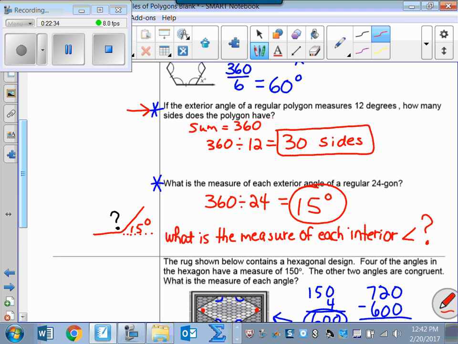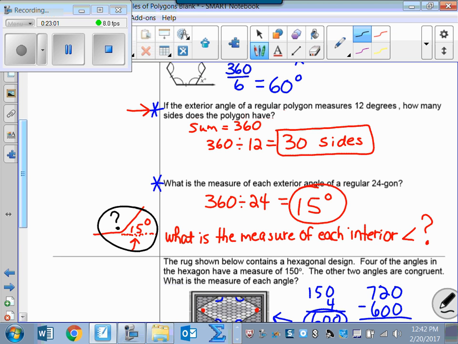Okay, well, you don't have to go and say 22 times 180 divided by 24. All you got to do is draw yourself a little picture like I have here. If I know that each exterior angle measures 15 degrees, what is the relationship between these 2 angles? They're a linear pair, right?